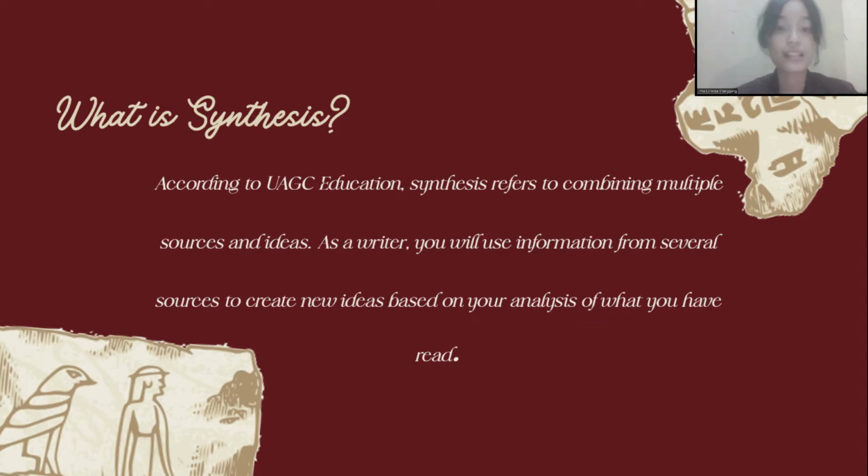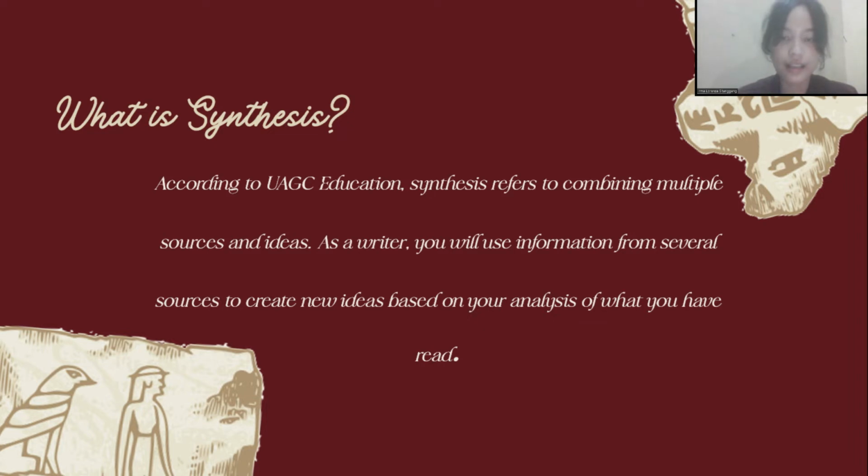Okay, what is synthesize? According to UAGC Education, synthesize refers to combining multiple sources and ideas as a writer, and you will use information from several sources to create new ideas based on your analysis of what you have read. When asked to synthesize sources and research, many writers start to summarize individual sources.